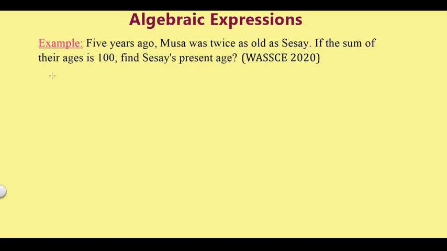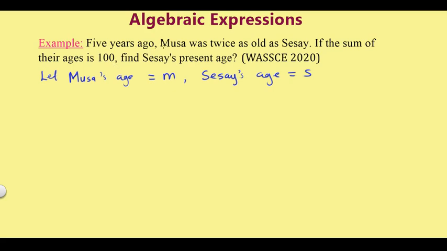We can say, let their present age, just pick the initial of their name, let Musa's present age, Musa's age equals M, right? Sisi's age equals S. So now let's interpret it sentence by sentence.